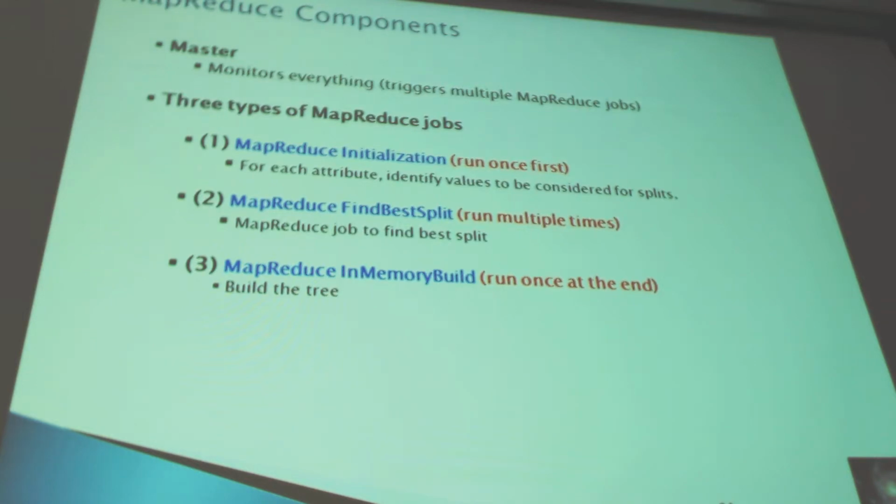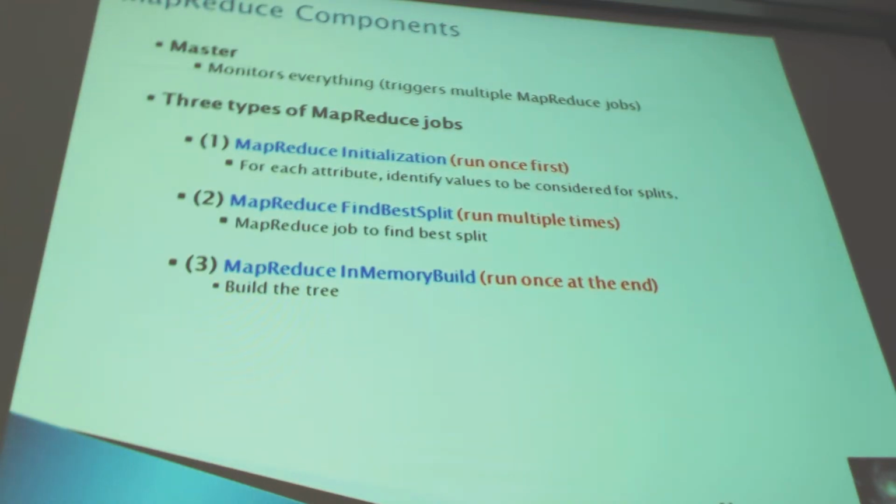So these are the various MapReduce components. The master monitors everything. It triggers multiple MapReduce jobs. This is the MapReduce initialization. In the training set, the first MapReduce step is initialization. You read the training set, find out which attributes to pick, and identify which possible splits are really meaningful.